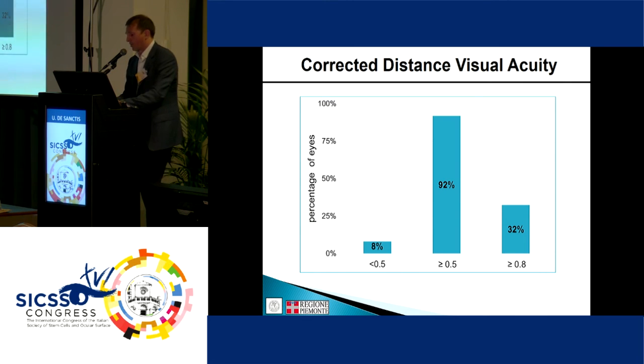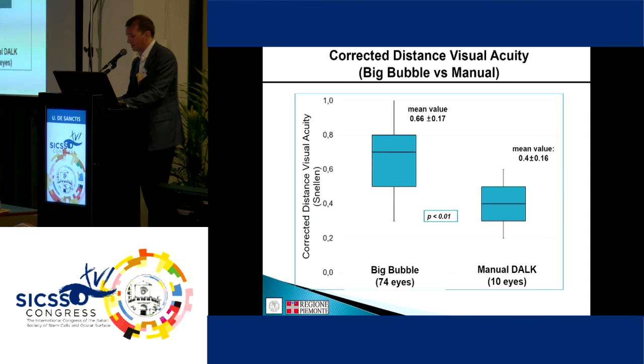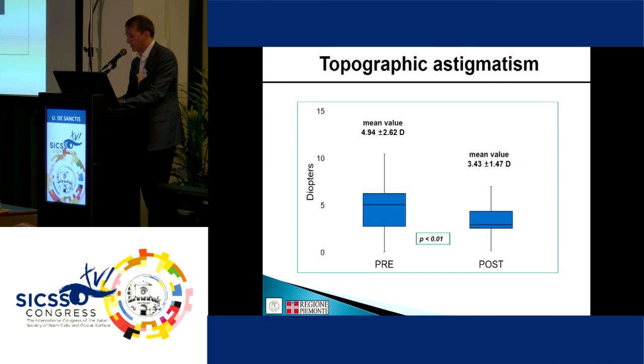Corrected distance visual acuity is over 5 on 10 in most patients, and in the graph you realize that in patients undergoing manual DALK, on your right, visual acuity is significantly lower than the cases where big bubble works.